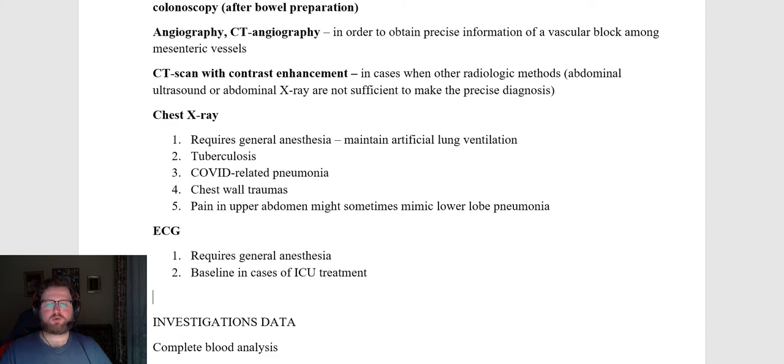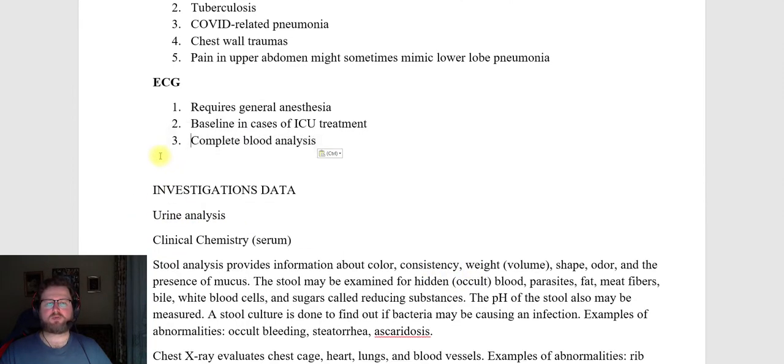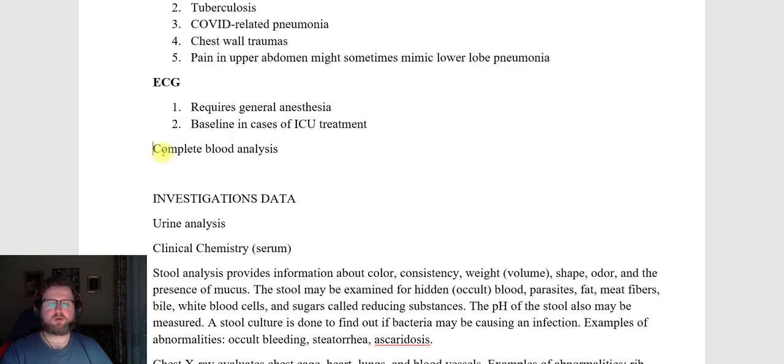Now we proceed to laboratory analysis, and the first one among them, as mentioned in your guide, is going to be the complete blood analysis.